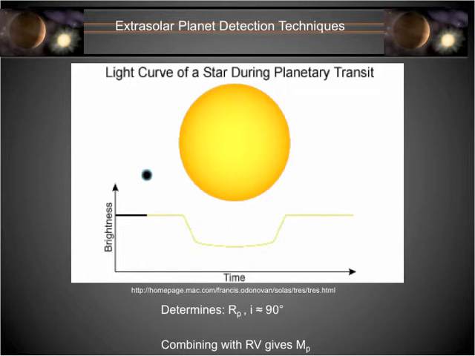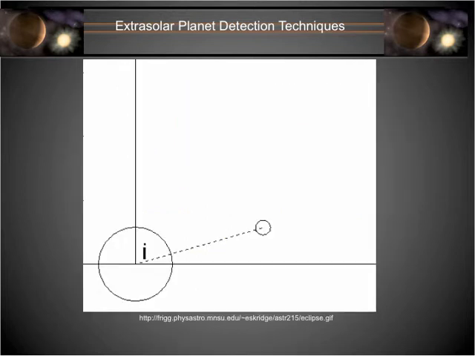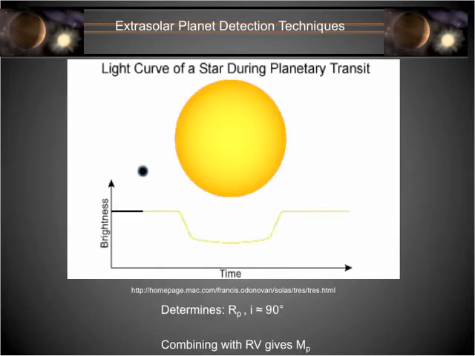So this is the picture you have in mind. It's only going to cross in front of our eyes if that I is equal to 90 degrees. But anyhow, based on the fact that we have now found a planet using this technique, we can go back to people who have a spectroscope and can take measurements of the spectrum of the star.